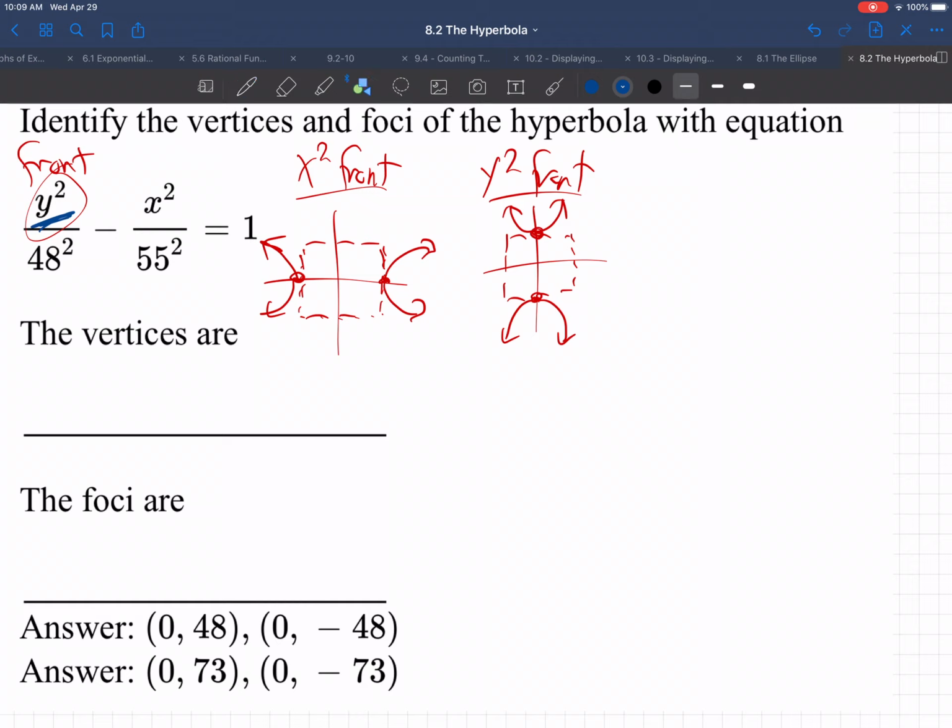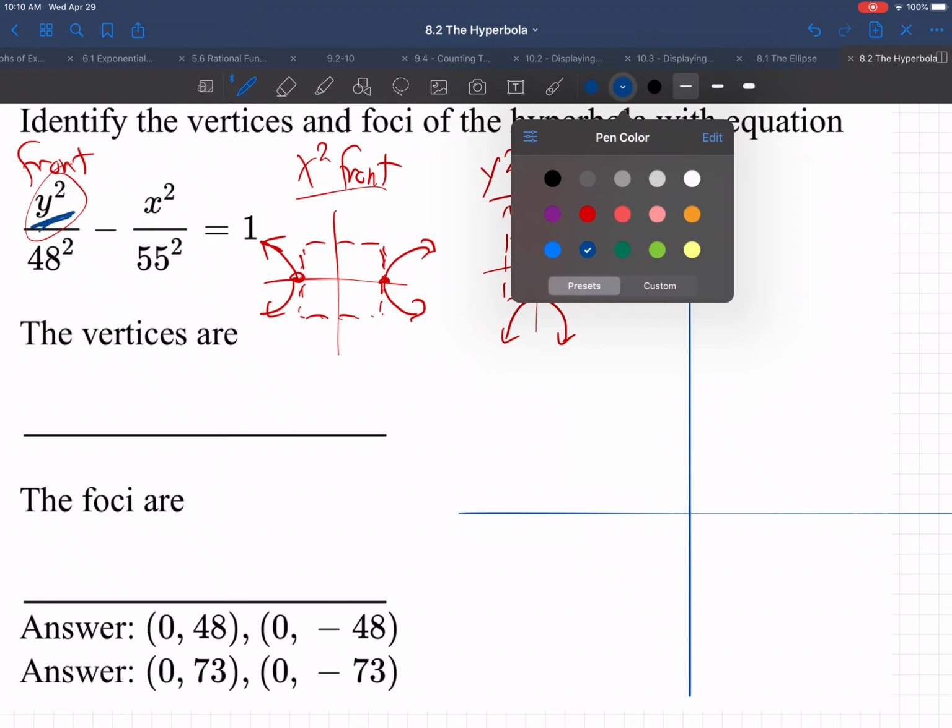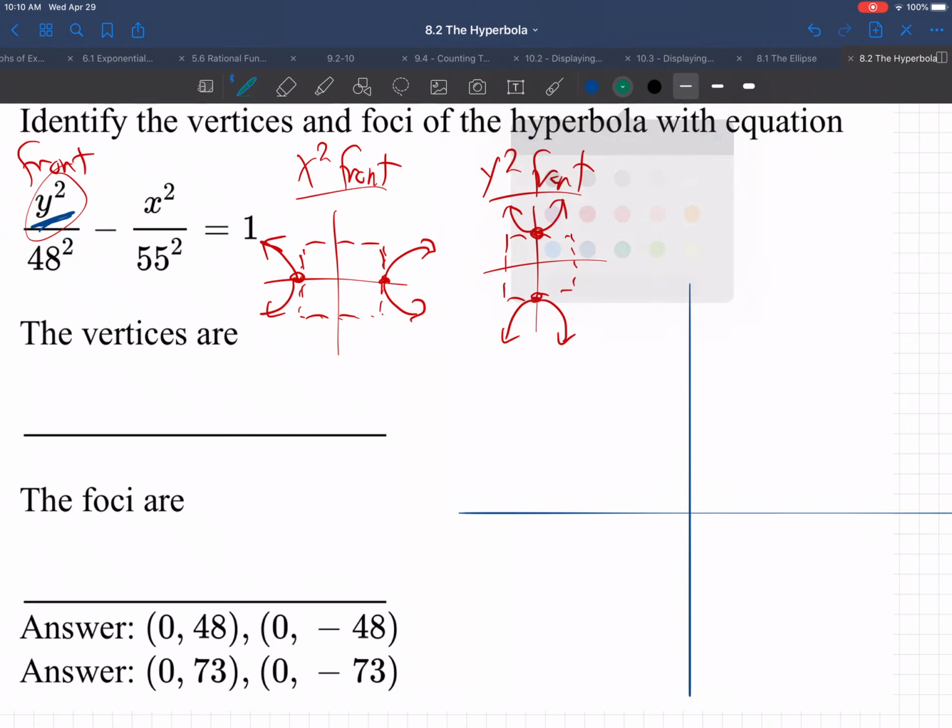So let me draw our coordinate system over here. And we're going to have a dotted box. I don't know exactly where that dotted box is. Well, that's not true, I do know where it is. Let me back that up.